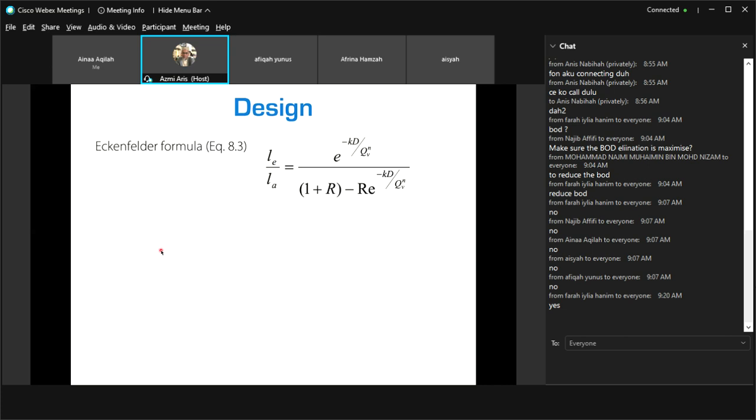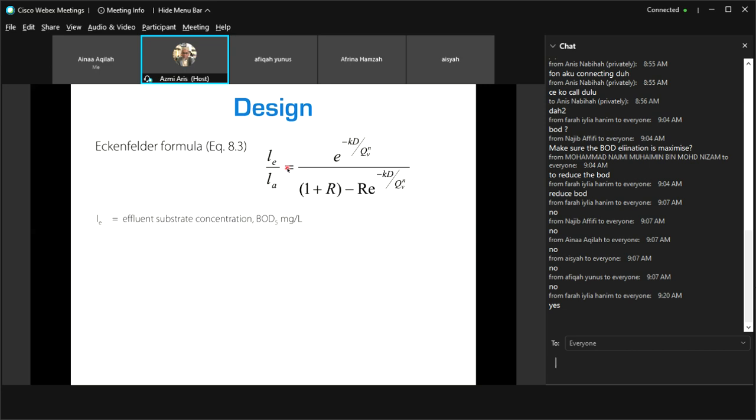So Eckenfelder in the 60s made a study of, I think, about 200 trickling filters in the US, and from the data that he collected, he came out with this equation. The equation is called the Eckenfelder equation. There are some other equations being used to design the trickling filter, but the most famous one is the Eckenfelder equation or formula. So here, Le is the effluent substrate concentration.